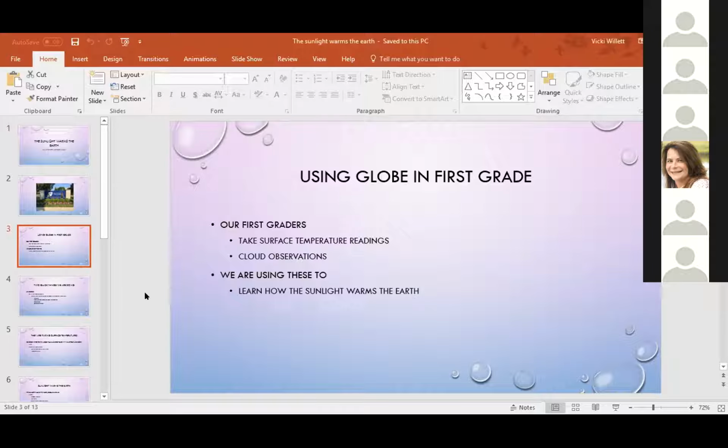Everyone had a printed out cloud paper so that they could identify the clouds, and they teamed up with a 3rd grader to help us get started with it. And then we've made binders that include our cloud observations. So that was kind of cool to actually take what I learned and introduce it to a 3rd grade teacher and have her get involved with her students. So that's been really fun.